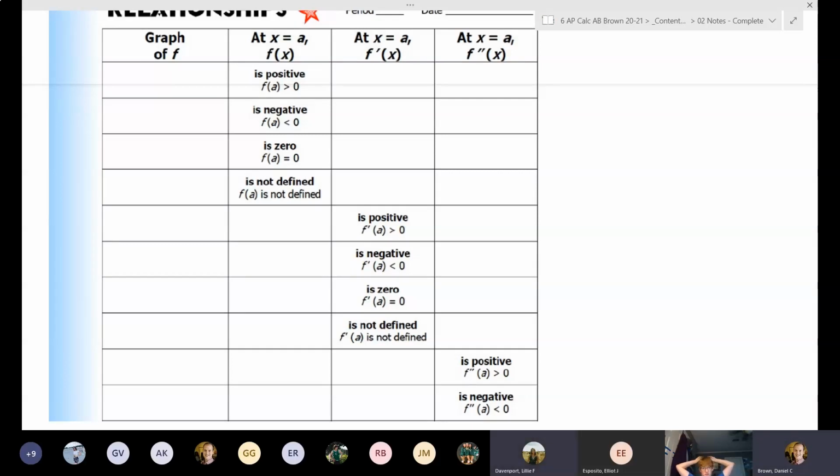Above the x-axis. So we just know that somewhere we are above the x-axis. And you can follow through. If I say that f of a is negative, we know that we are below the x-axis. If I say f of a is 0, then that means we are on the x-axis.